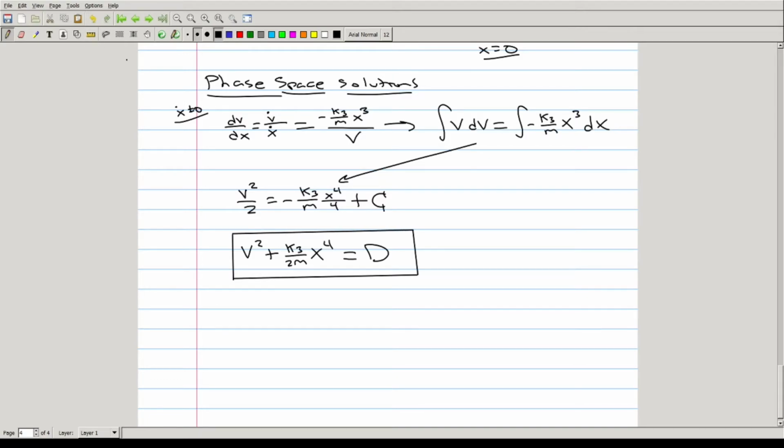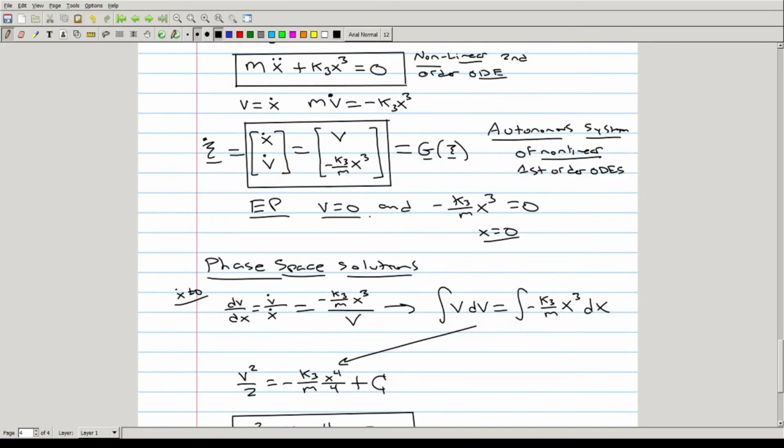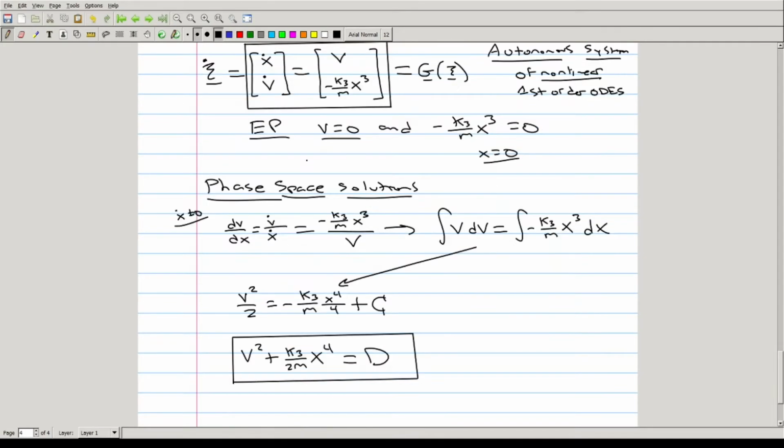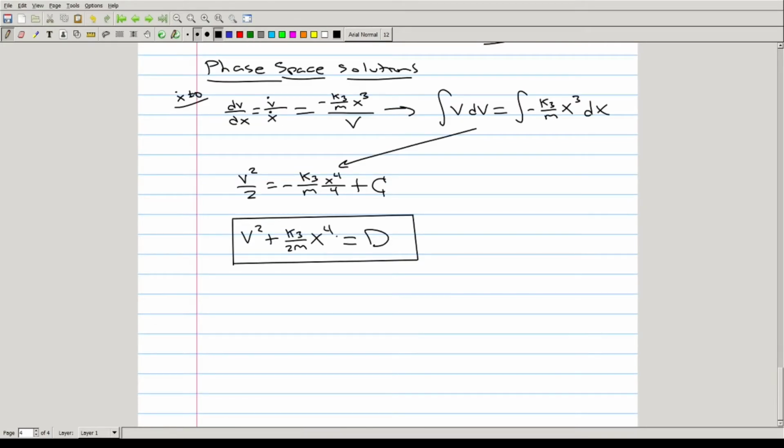So this is a new curve. It's expressed as a level curve. Basically, the level curves of this function for any value of d is going to be a curve in phase space of this autonomous system of differential equations. It's an orbit in phase space.